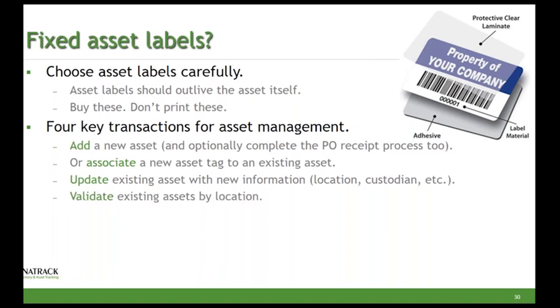And then the other part that we find to be pretty interesting, and important, is asset management by way of being able to do kind of what a physical inventory is. So if I've said that these assets are in a specific location, then it would be convenient for me to pull up the location from a handheld and then scan what assets I would expect to find there.